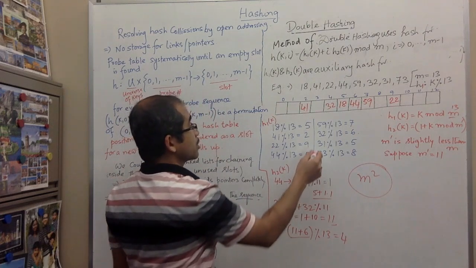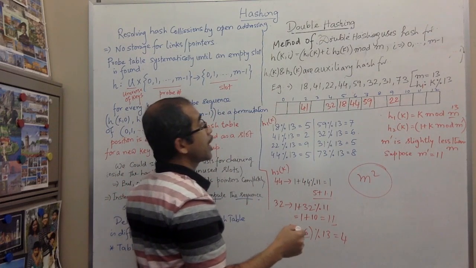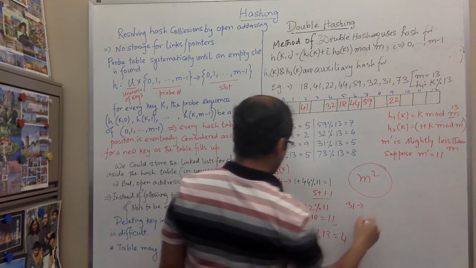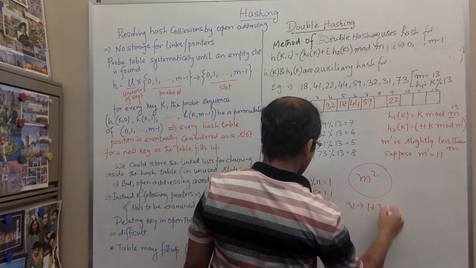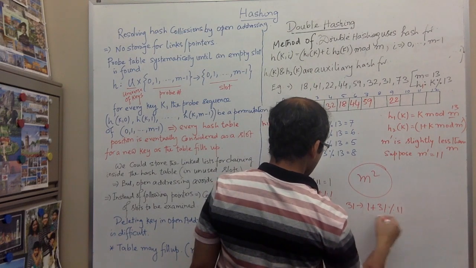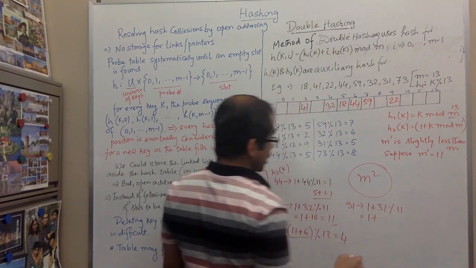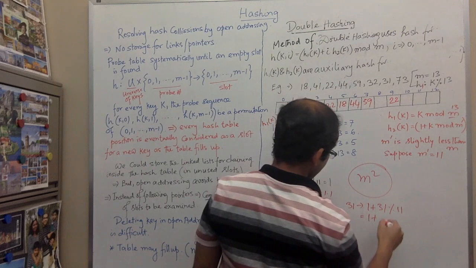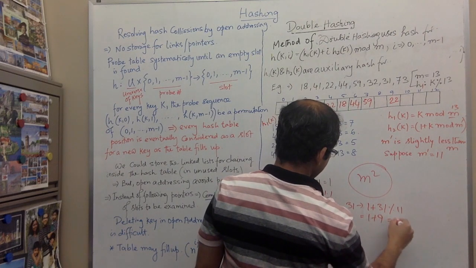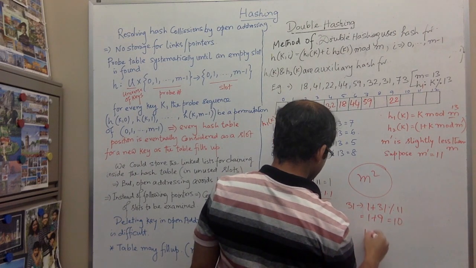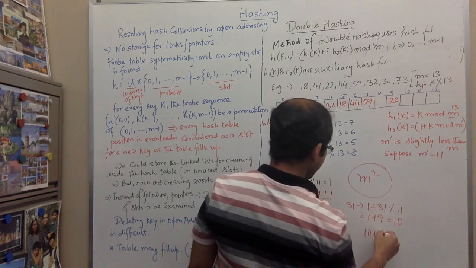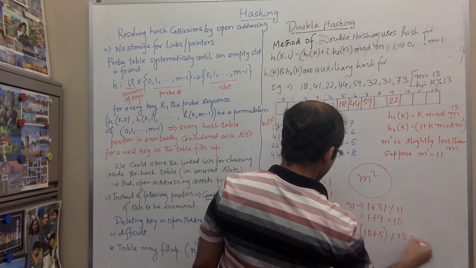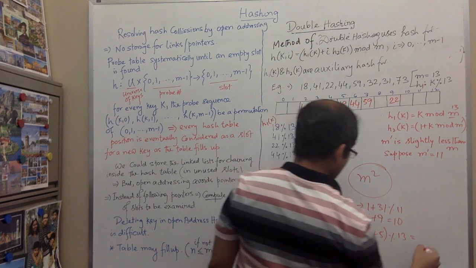Now let's see where 31 will go. 31 should go to 5, but 5 is already full. So for 31, we have to calculate h2k, which is 1 plus 31 mod 11. That is 1 plus 9, that is 10. So now it is 10 plus 5 mod 13, that is 2.